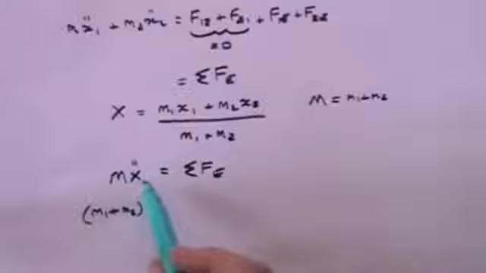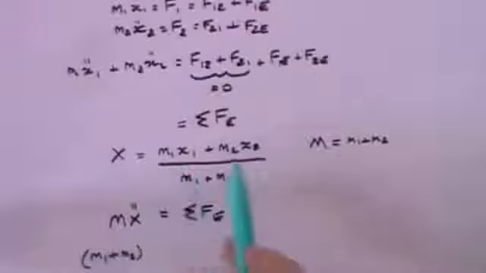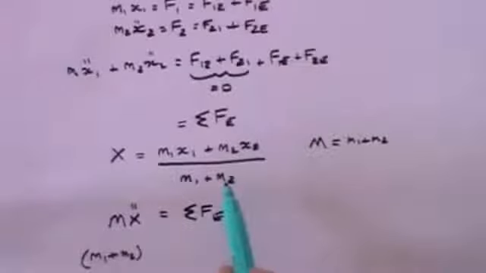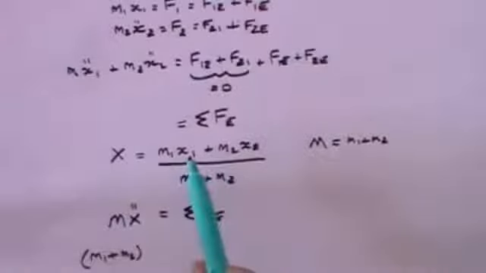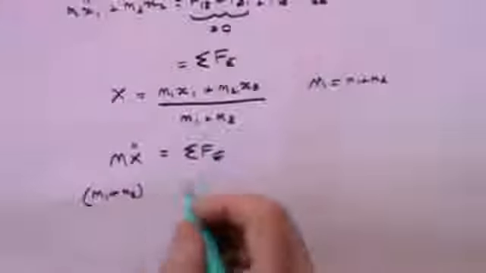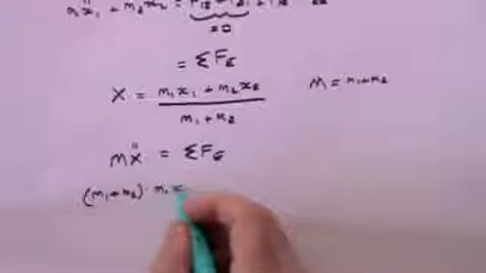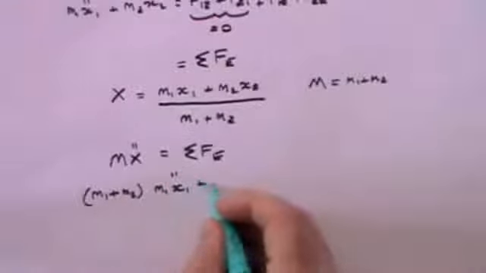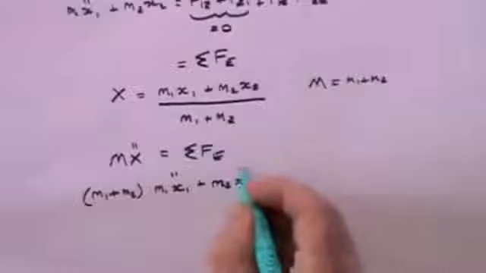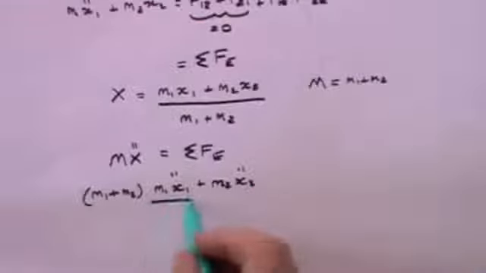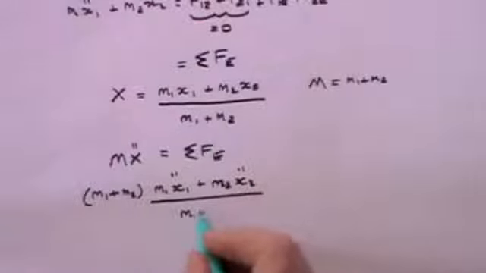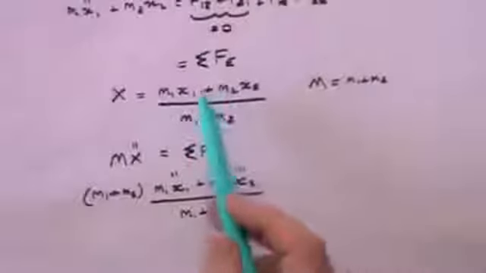What is X double dot? Well, here is X. m1 and m2 are of course constants, so they won't change with time. So we just have to do the differential, or the double differential, of x1 and x2. So that's going to be m1 x1 double dot plus m2 x2 double dot divided by m1 plus m2. It's the second differential of this term here.